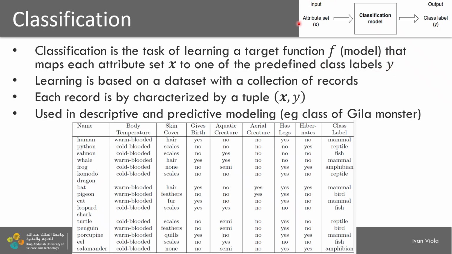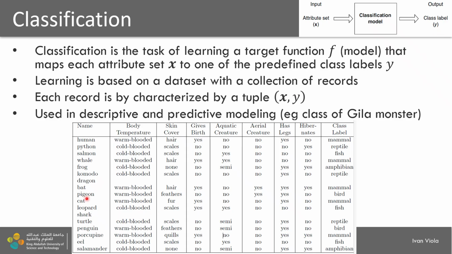So we have an input from our data, attribute set x, and this attribute set x is analyzed by the classification model f, and its output will be a class label y.